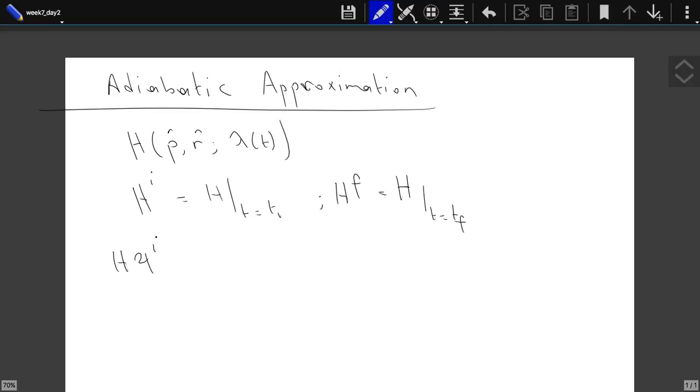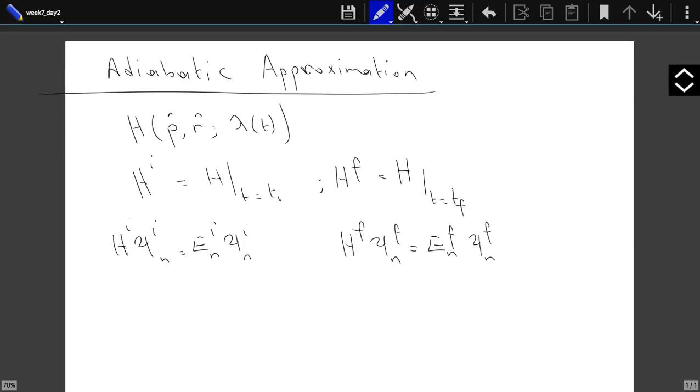H_i psi_n^i is equal to E_n^i psi_n^i, and H_f psi_n^f is equal to E_n^f psi_n^f. So the initial Hamiltonian and the final Hamiltonian, they all have their eigenvalues, their eigenstates, etc. These are the time-independent eigenvalues.